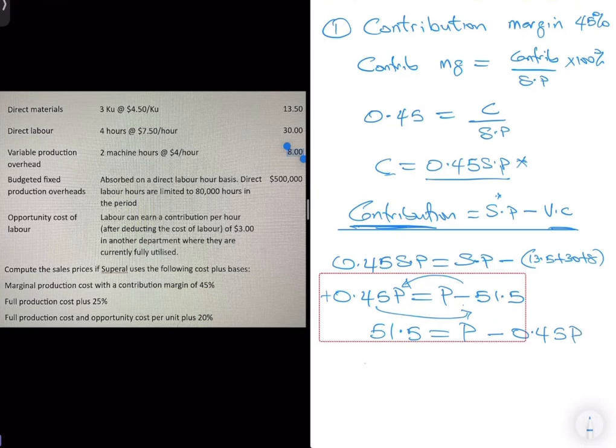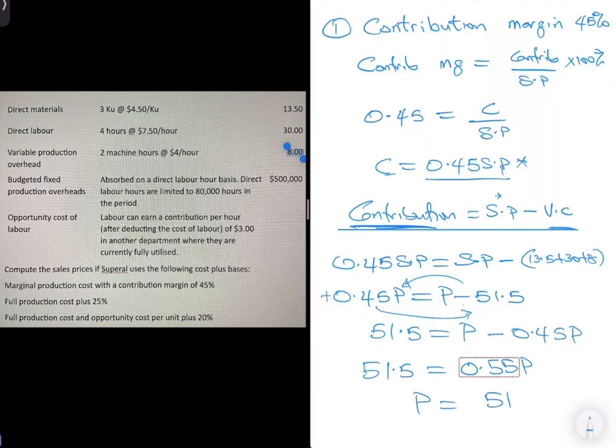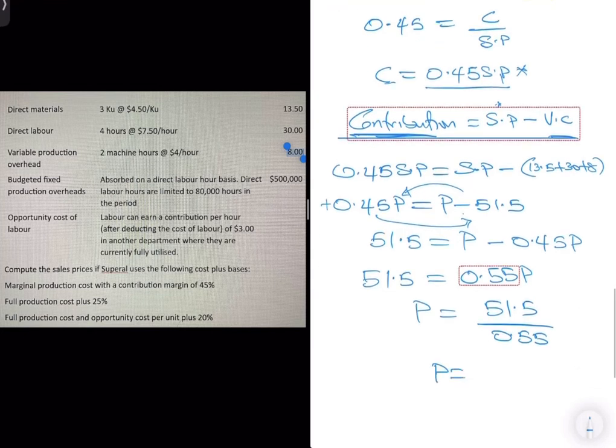That means 51.5 equals 0.55P, and my price equals 51.5 divided by 0.55. On the calculator, that gives you $93.64.